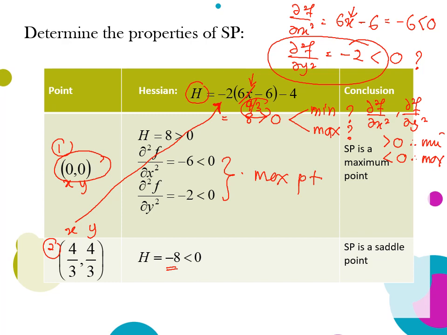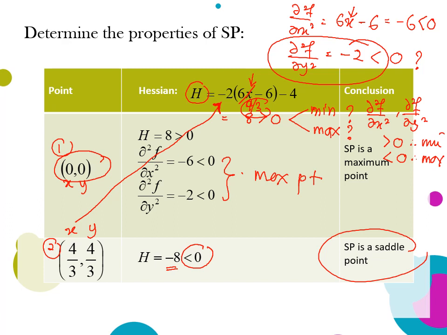So minus 8, is it greater than 0 or less than 0? Yes, it is less than 0. Once it is less than 0, the condition said whenever your Hessian is less than 0, then it is saddle point. So it is very obvious that your second stationary point, which is 4 over 3, 4 over 3, is a saddle point because the Hessian is less than 0.